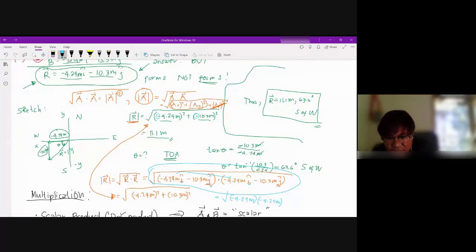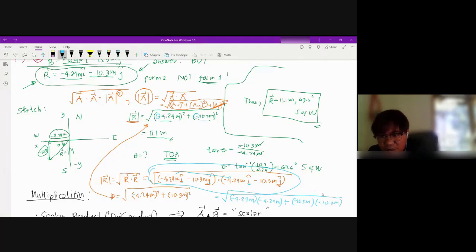Then ikaduha is kini siya. J hat dot j hat is also equal to 1. So isa siya sa mag-contribute. So you have plus, you have negative 10.3 meters times negative 10.3 meters.